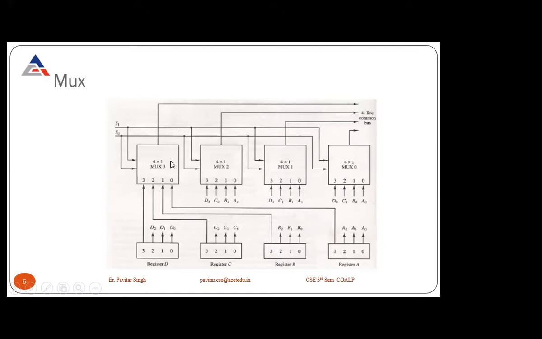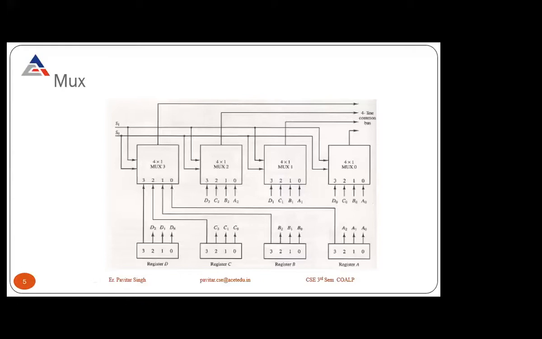How will this work? We have two control lines, that is S0 and S1. So here 0 0, 0 1, 1 0, 1 1, right?